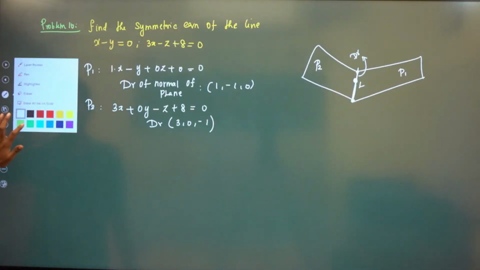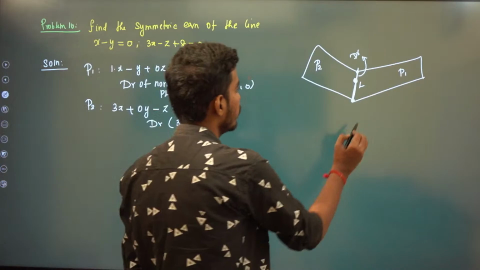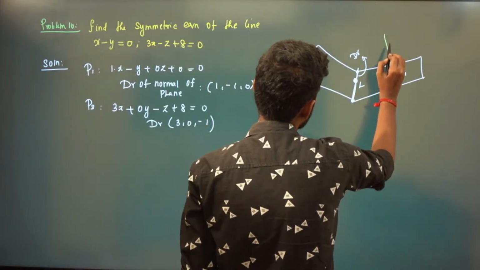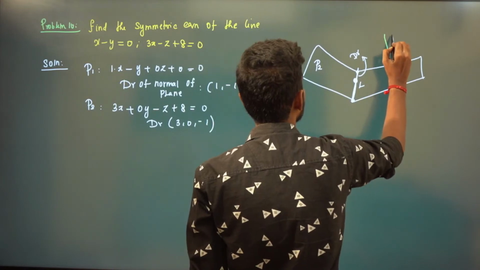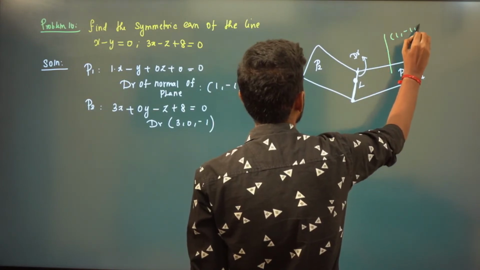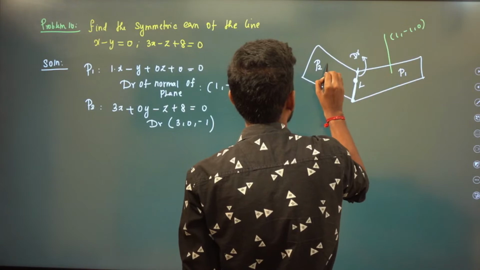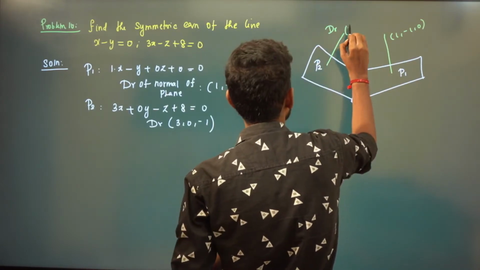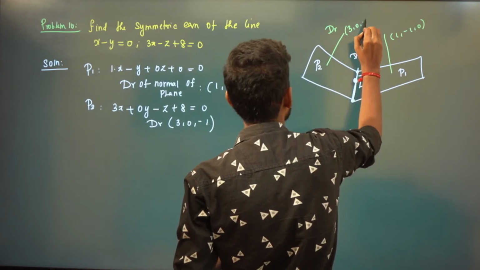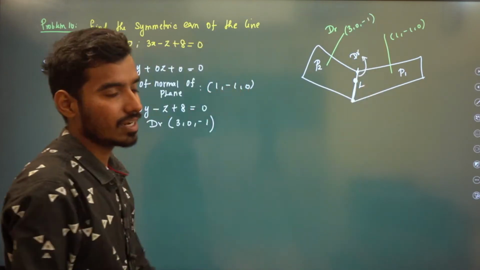So we know both the direction ratios, right? So this is the normal to this plane and it has direction ratio 1 comma minus 1 comma 0. And this has direction ratio 3 comma 0 comma minus 1. See, very simple.